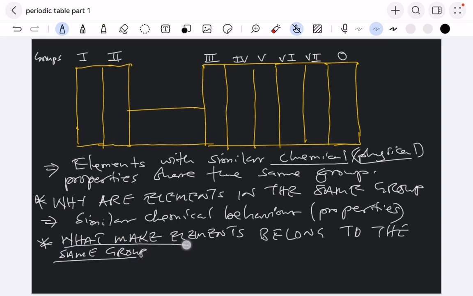What makes elements belong to the same group? What makes them belong to the same group?